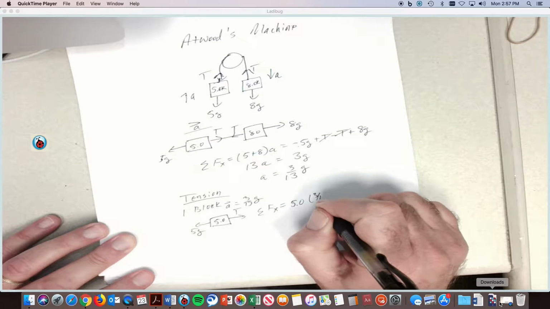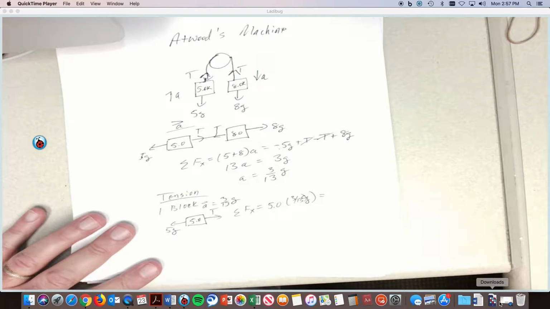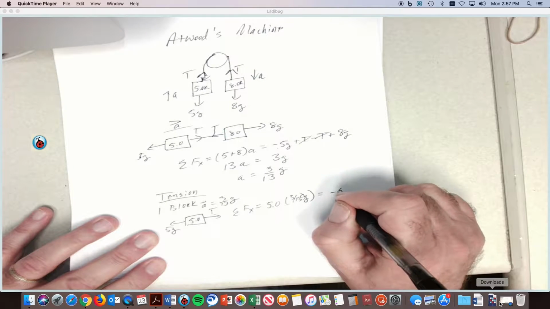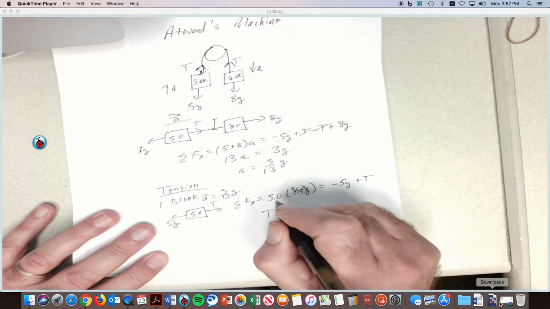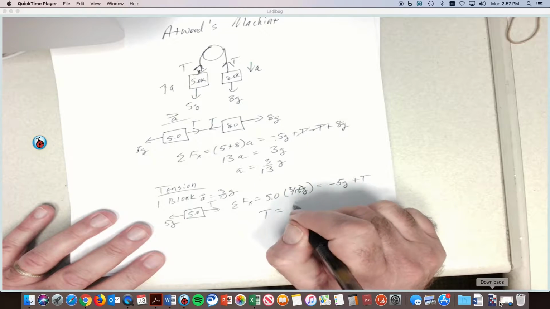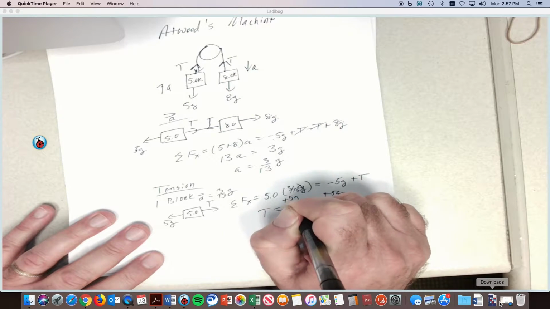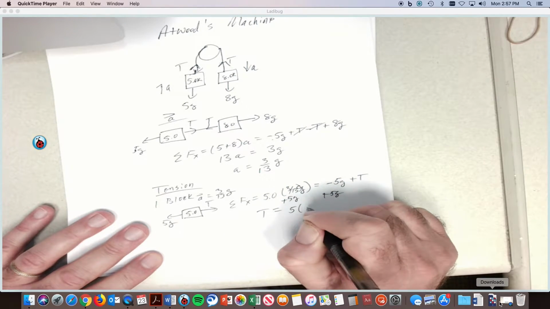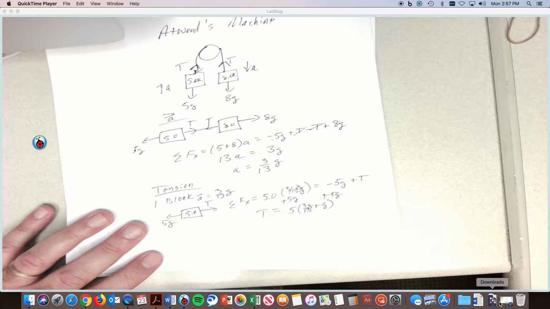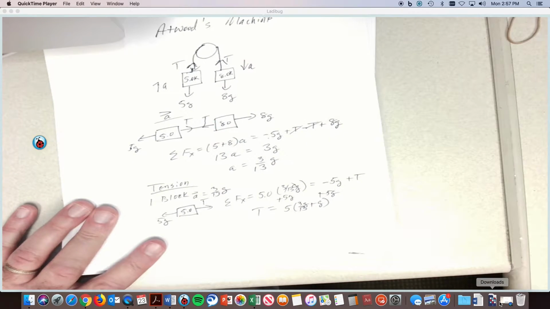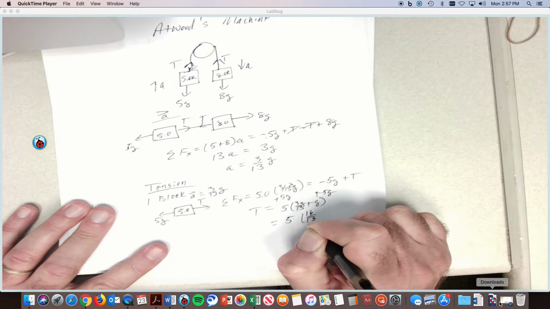5 times 3 over 13 times g, which is equal to minus 5g plus T. And so the tension is equal to, add 5g to both sides, 5 times 3 over 13g plus g, which is 13 over 13, which comes out to be 16 over 13g, which is equal to 5 times 16 over 13g.